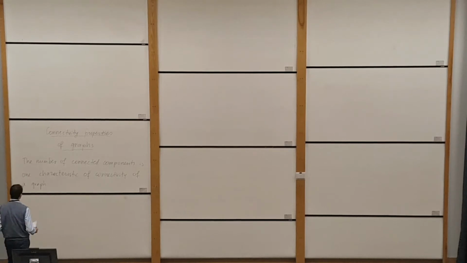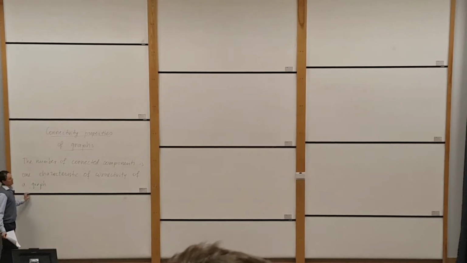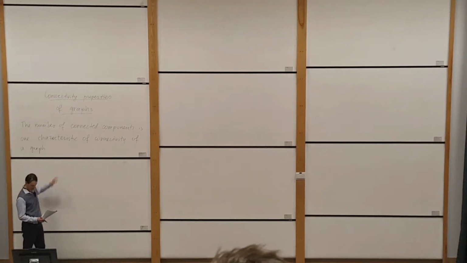So we would like today to develop some method of answering this question. Given two vertices in a connected component, how many different paths of a given length are there between these two vertices? That's our goal for today.